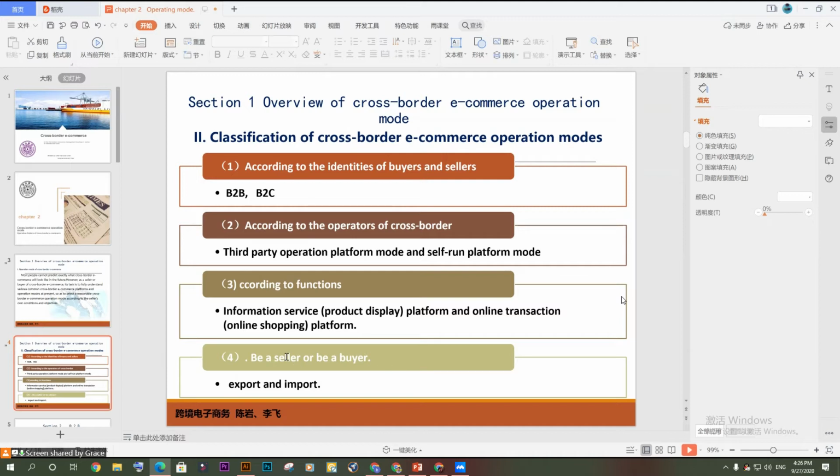Maybe we can say, are you an exporter or an importer? So there are two different types of operation mode. One is export, the other is import. I think maybe this one is very easy for you to understand.